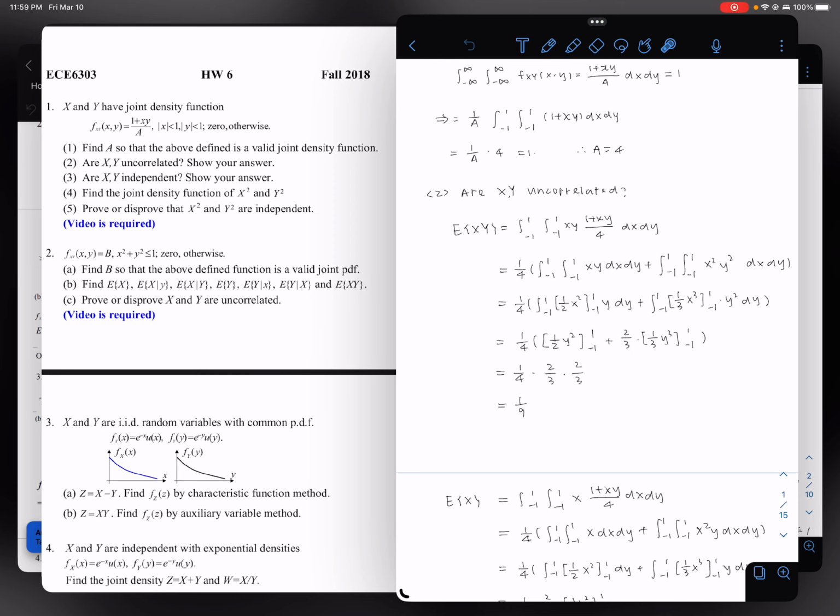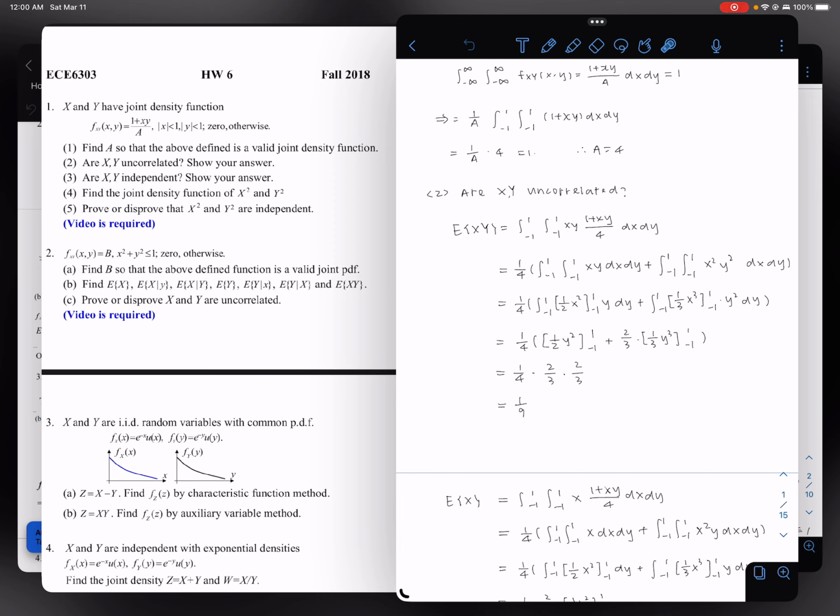In question 1, we're asked to find A so that the above defined function is a valid joint density function. So basically, if we integrate this function in terms of both x and y, we should get 1, which is the cumulative probability.